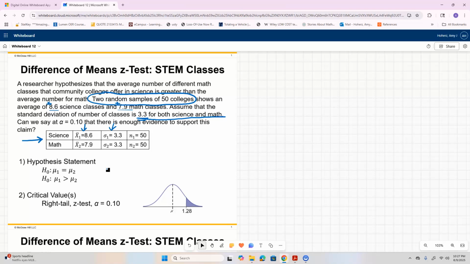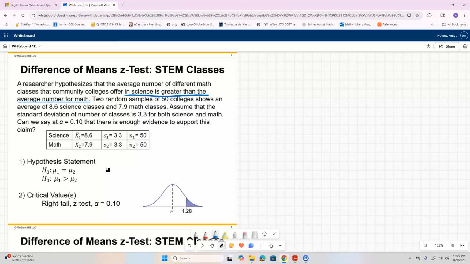All right, so moving on, our hypothesis statement. Science is our sub 1, our first sample. So science is like sample 1, and math is sample 2. What we're trying to check is that science is greater than, let me erase some of this stuff up here that I've circled so we can see it a little bit better. They want to know, is the number of classes in science greater than the average number for math?